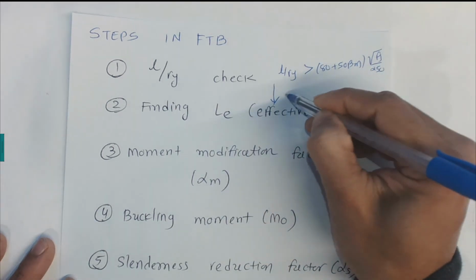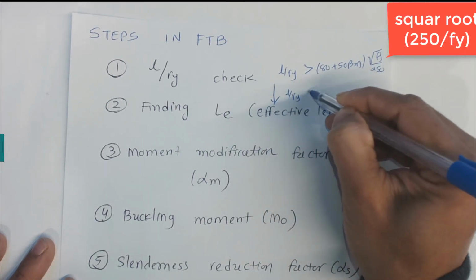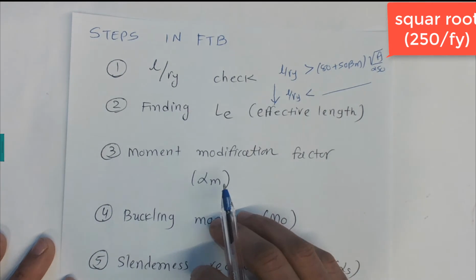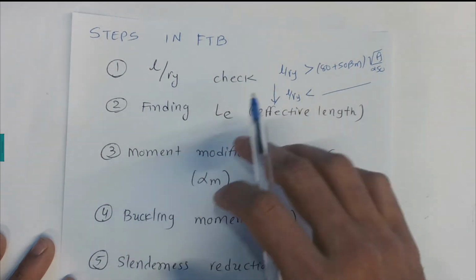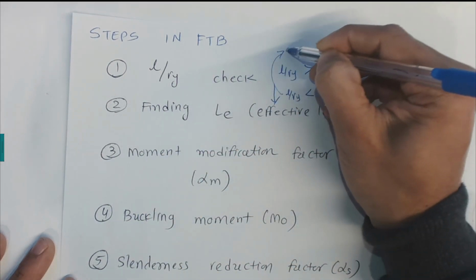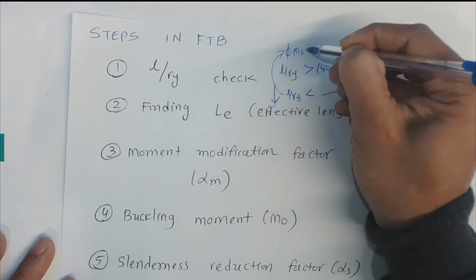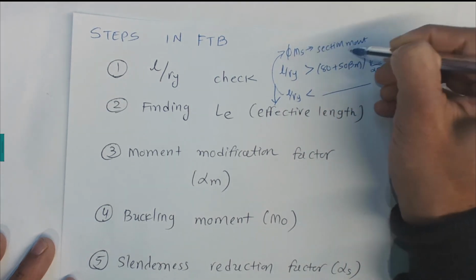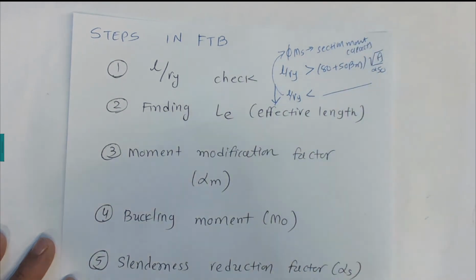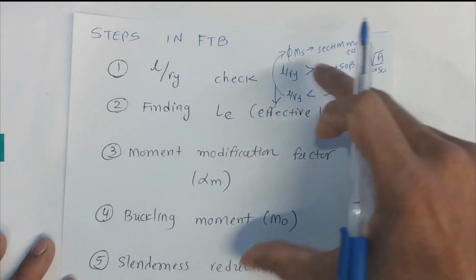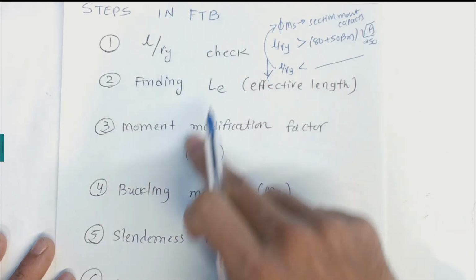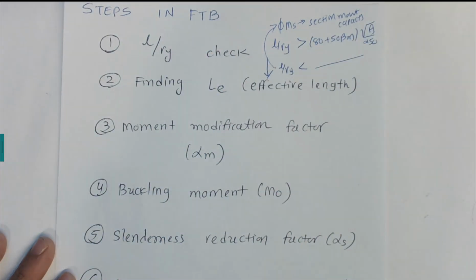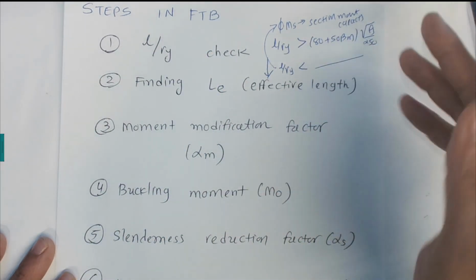If it is less, then you should not follow these; you should just calculate phi Ms, the section moment capacity. So in the beam there are two procedures: one is this long FTB procedure, and the other is just the section moment capacity, depending on these conditions.